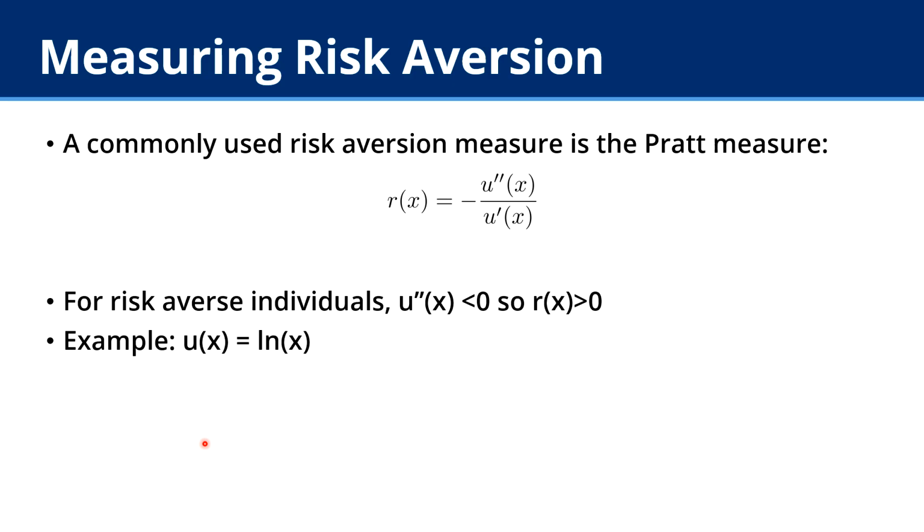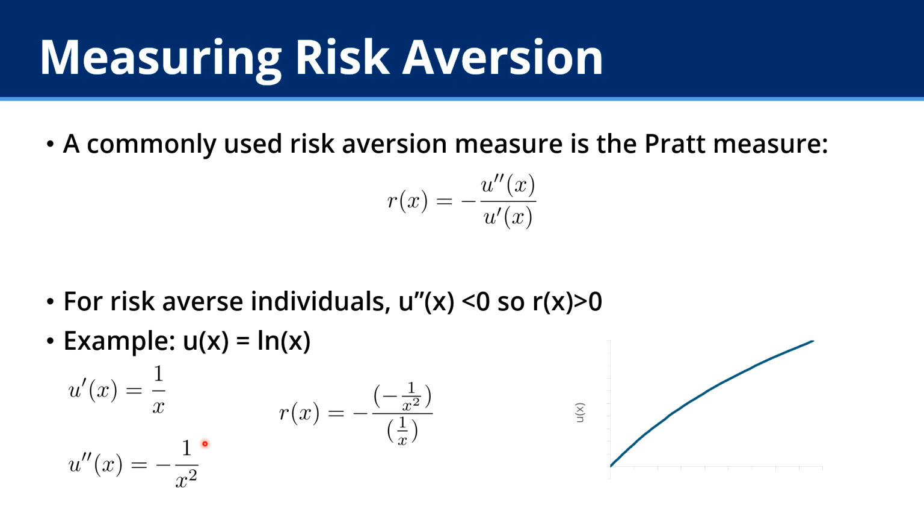We'll give you a simple example here. If the U curve is the natural log of x, this is the curve of the natural log. If you take the first derivative, it'll simply be 1 over x. If you take the second derivative of it, it's going to be negative 1 over x squared. So if you find the Pratt measure here, it's going to be negative, the numerator will be negative 1 over x squared, the second derivative of the U curve, divided by the first derivative of the U curve, 1 over x.